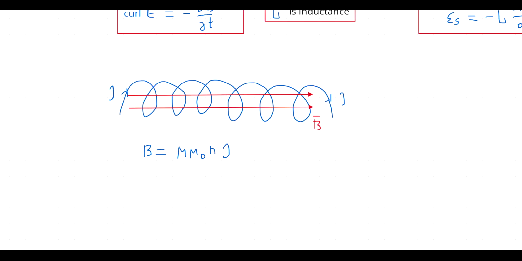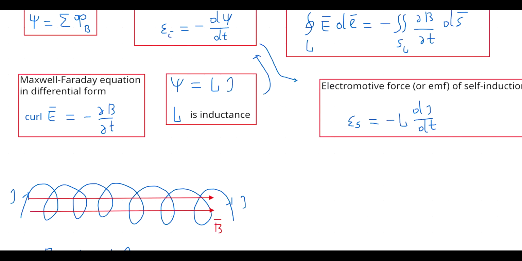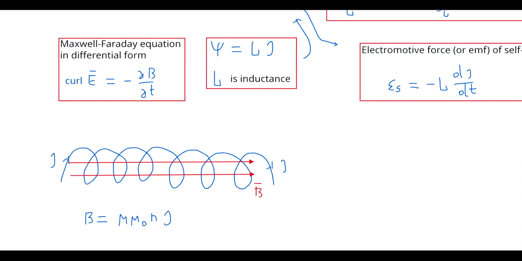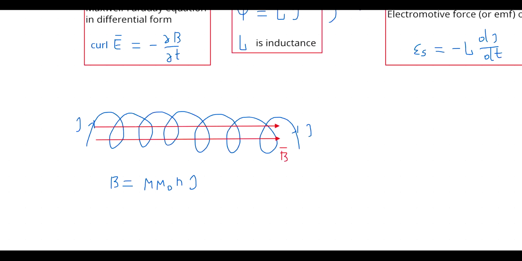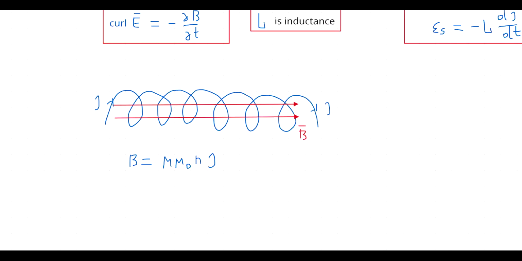And what about inductance? Inductance of an inductor. What will we have? It is necessary to find flux linkage, and it will be the number of coils multiplied by magnetic flux in one coil.